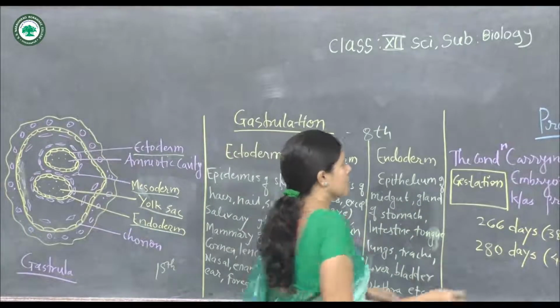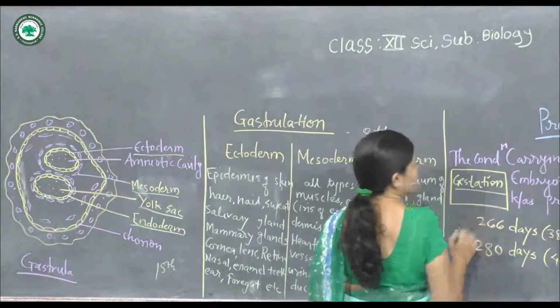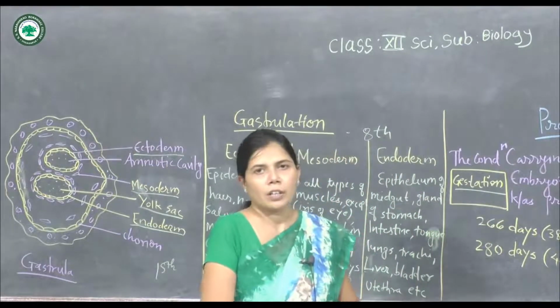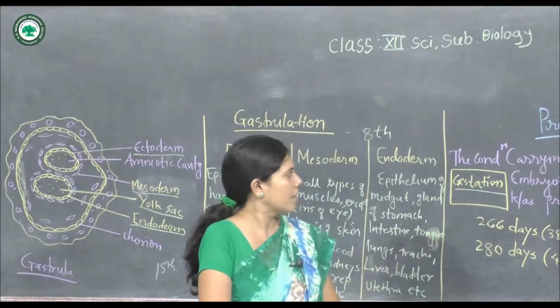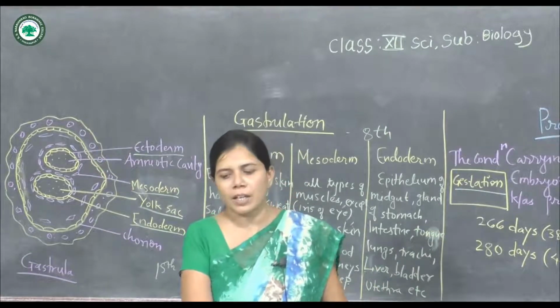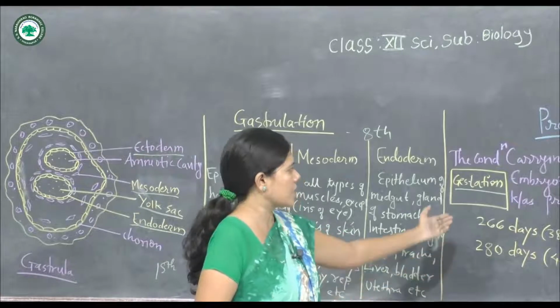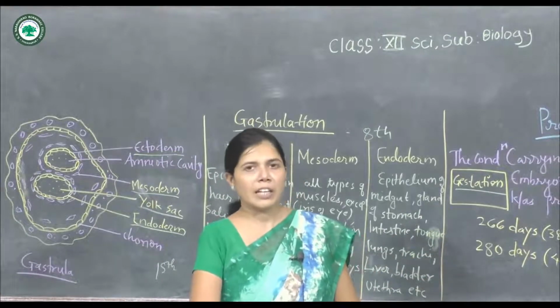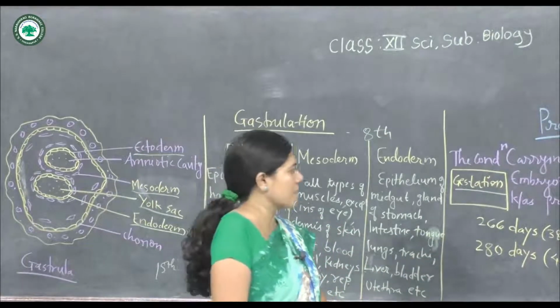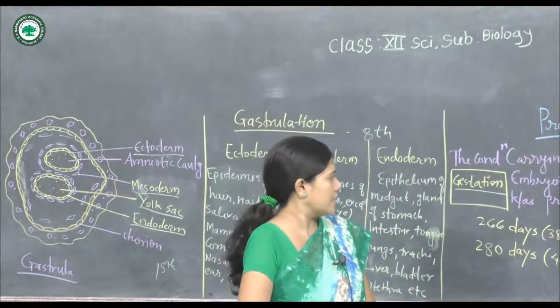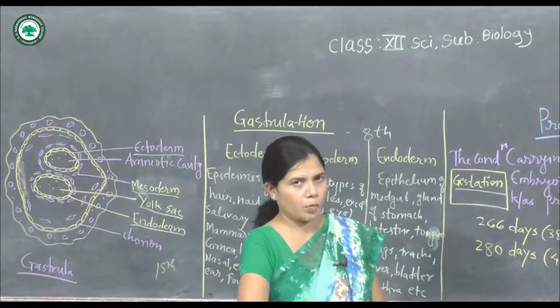The duration of the pregnancy period is about 266 days from fertilization, that is 38 weeks.